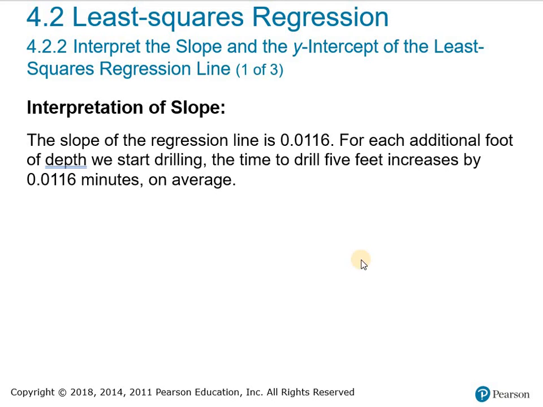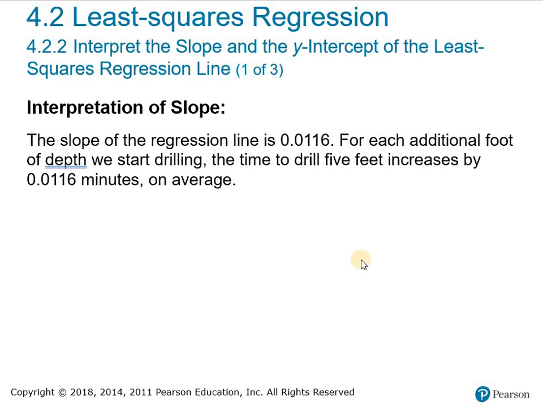The slope for the regression line we computed was 0.0116. That means for each additional foot of depth we start drilling, the time to drill 5 feet increases by that amount of minutes, so 0.0116 minutes on average.